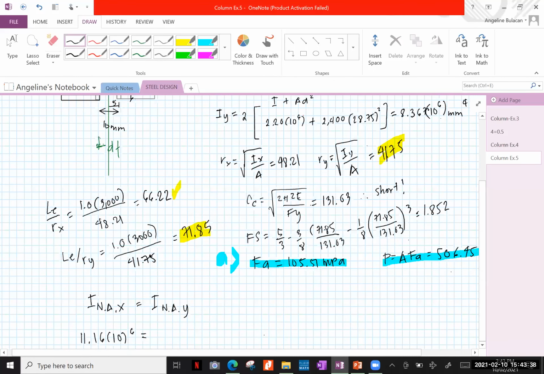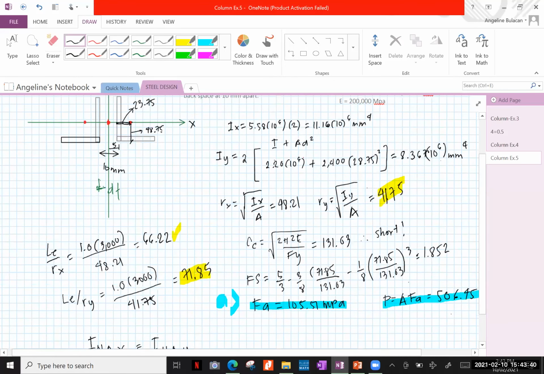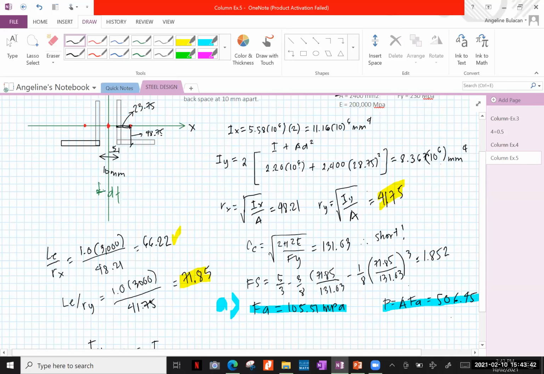Kung mapapansin nyo, ito, di ba, transfer equation. So, instead of having a distance na 10 mm, papalitan natin siya ng d. Instead of 28.75, magiging siyang 23.75 plus d over 2, or 0.5d.